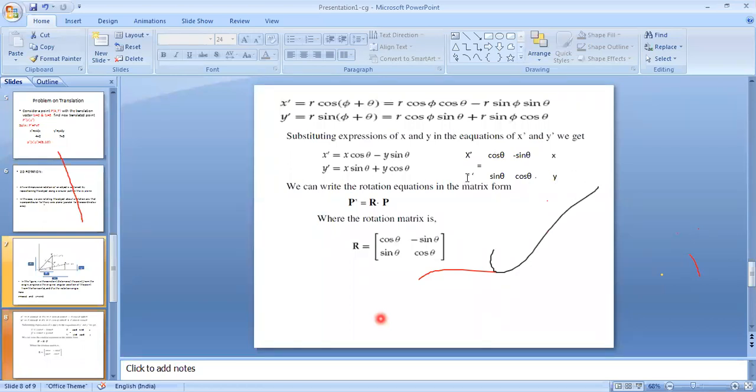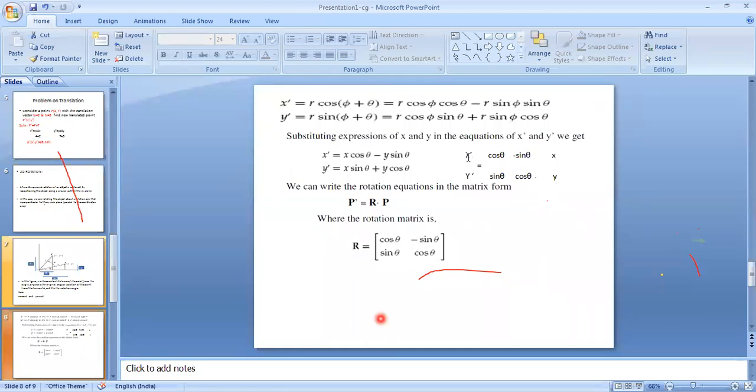Next, how will you get y'? y' is equal to sin theta into x plus cos theta into y. So x' y' I can write in matrix form, into x y.